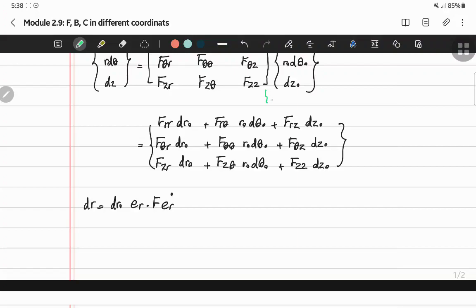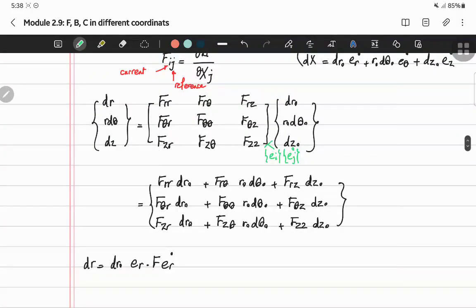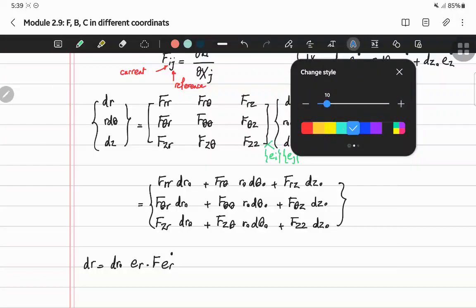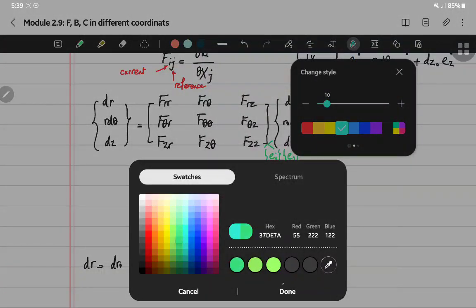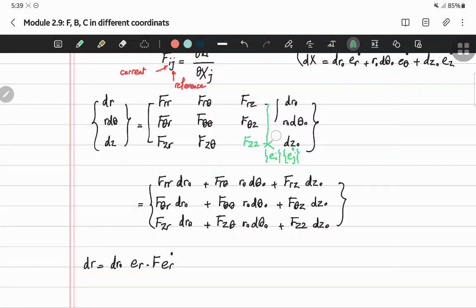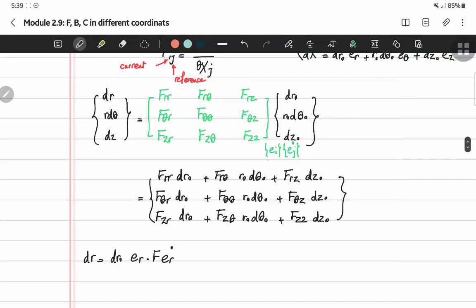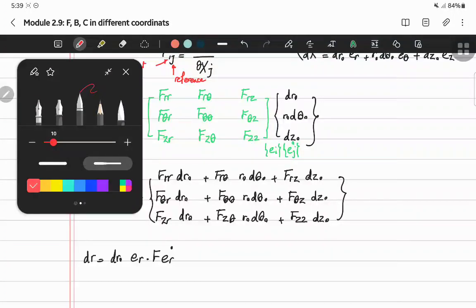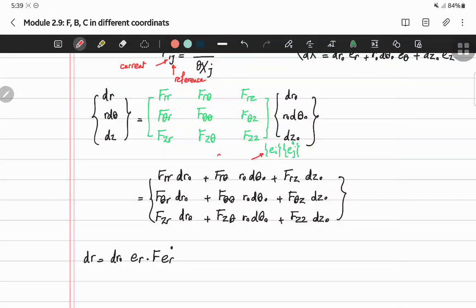So maybe it's a good idea to write in here that this in here is e_I, e_J0 for the F. You see that the first subscript for F is in the current configuration, and the second one is in the reference configuration.